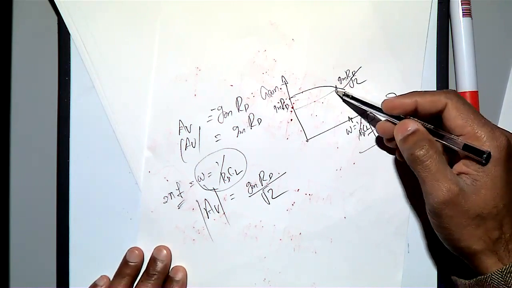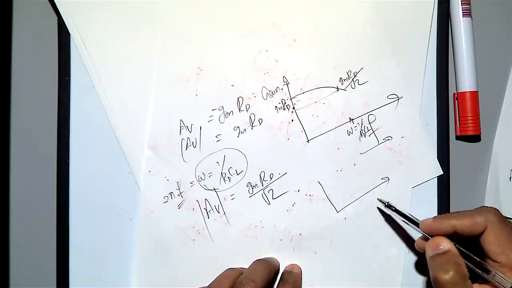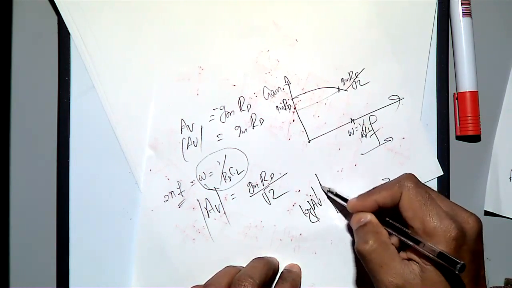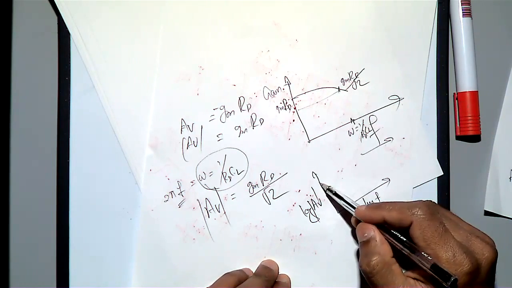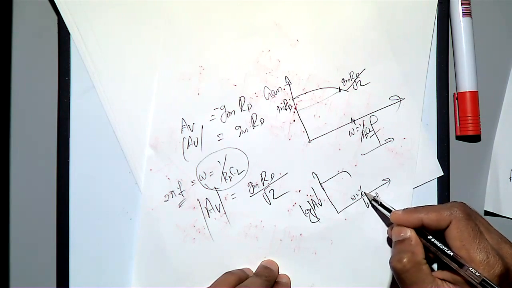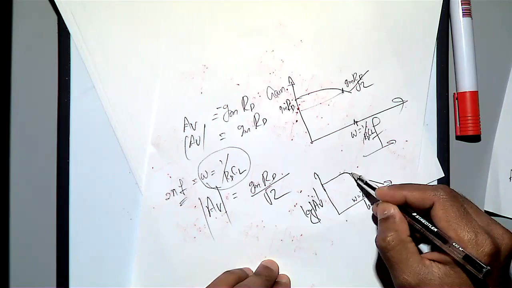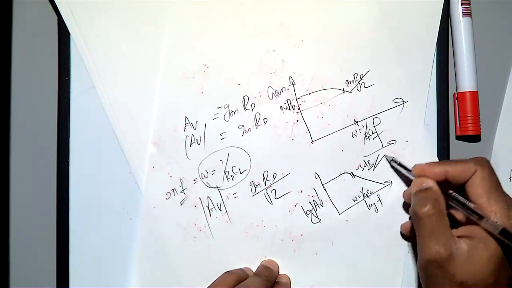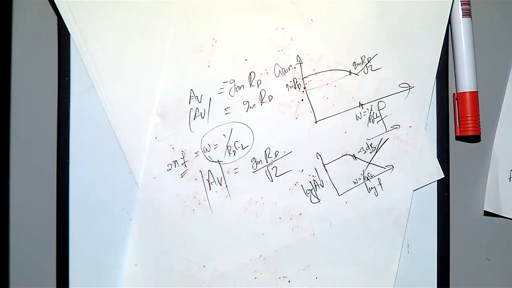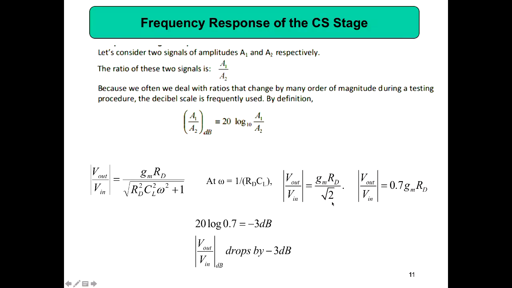If you represent this on the logarithmic scale, with log f and log of AV, and plot it, then at the point omega equal to 1 by RD into CL, the decrement is minus 3 dB. That's the reason we often talk about the minus 3 dB point: gm RD by root 2 is equal to 0.7 into gm into RD, and when you take the logarithmic value, it is minus 3 dB.